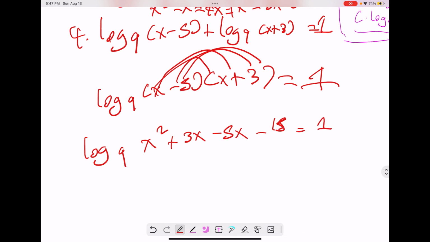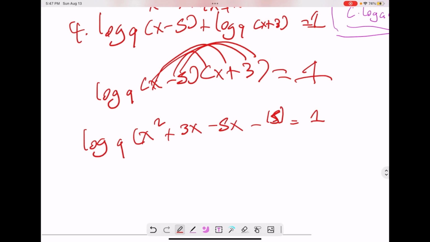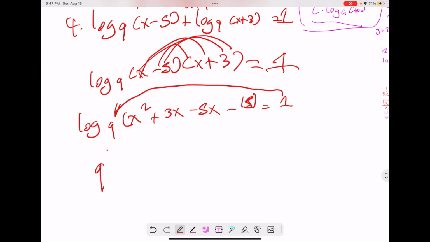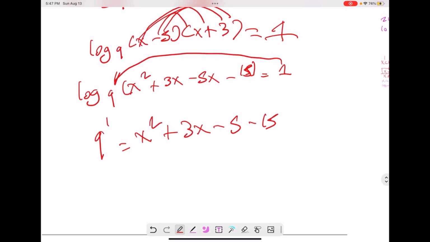Remember, this looks insane, but we take that rule from all the way back in the video, and we're going to plop this onto this. So we get 9 to the power of 1 is equal to x squared plus 3x minus 5x minus 15. A lot of stuff here. So we're going to move this 9 to the other side.